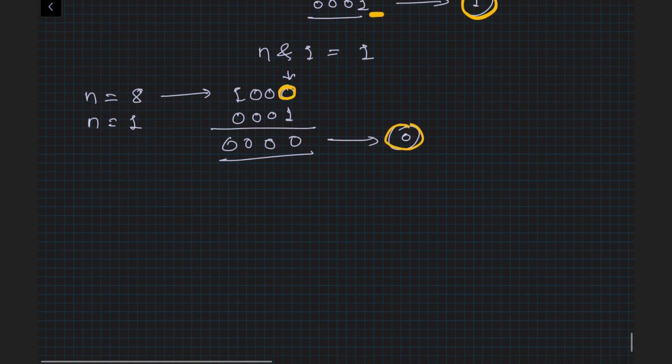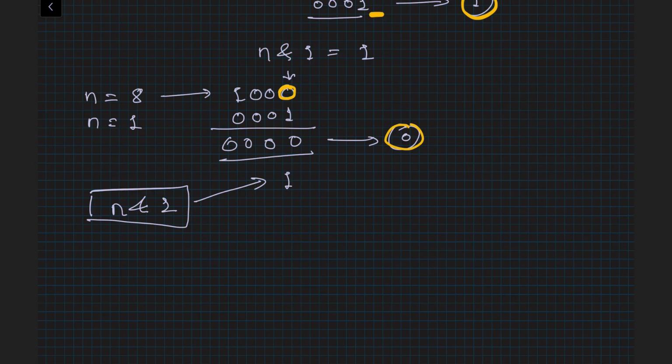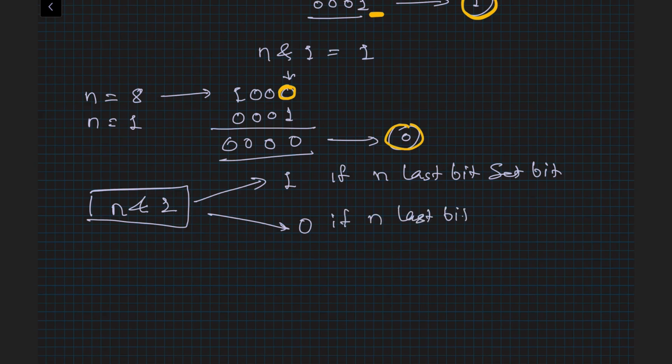So from this we can conclude that if we perform the operation with 1 and the given number, it will result in 1 if n's last bit is a set bit, and it will result in 0 if n's last bit is an unset bit.